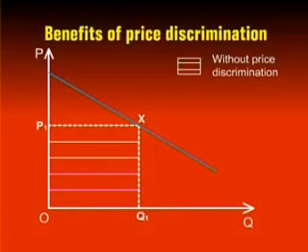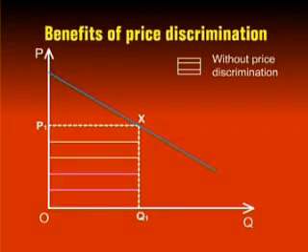So let's first see what the revenues will be if the firm operated at point X, that is, sold the entire quantity Q1 at a price of P1. Well, the revenues that the firm will make will obviously be the rectangle P1XQ1O.